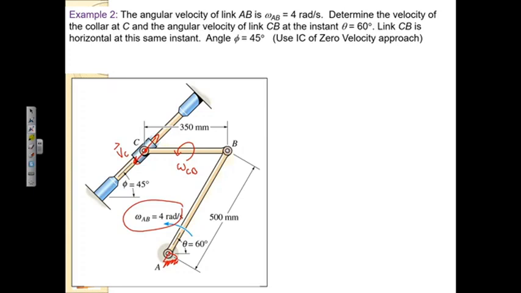I'm trying to figure out the velocity of C and this angular velocity. How would I do that? I would start over here at A, and I would figure out the velocity of B as omega AB cross the r vector between them.